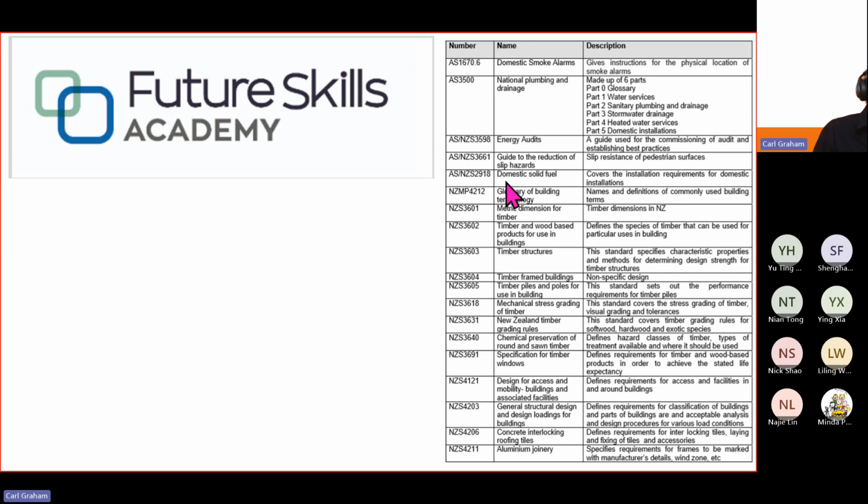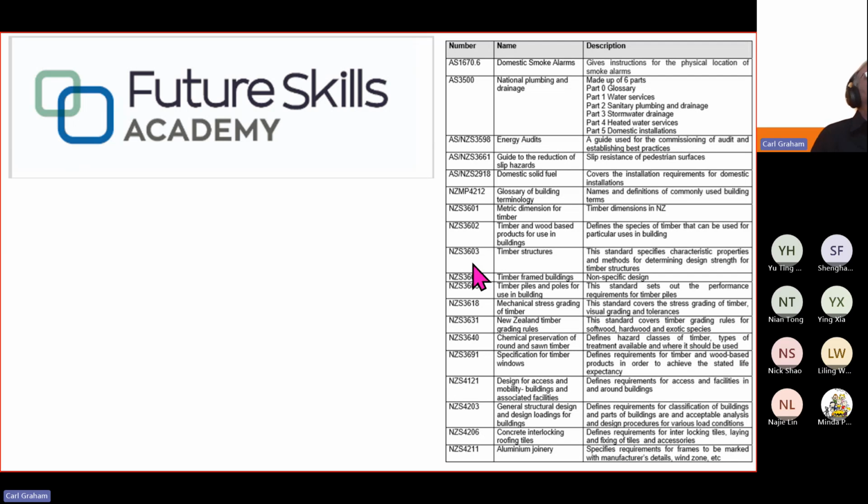And all these other different ones have an interconnection or a relationship with your role as a building inspector, right? And hand on heart, I have never needed to refer to any of these standards, all right? Other than maybe 3604, okay?